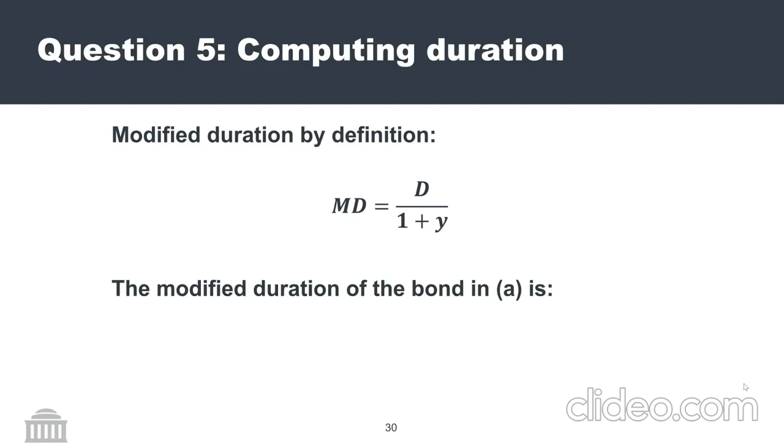The modified duration of this bond is given simply by taking 20, which is the Macaulay duration, divided by 1 plus 2%. And this gives us 19.61. So to summarize, the Macaulay duration for this bond is 20, and the modified duration is 19.61.